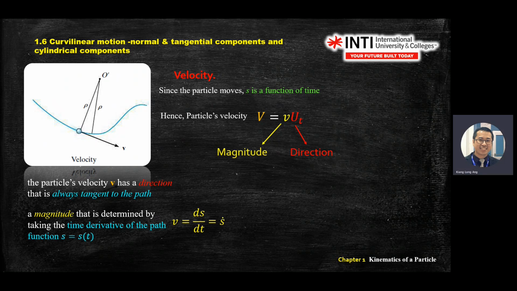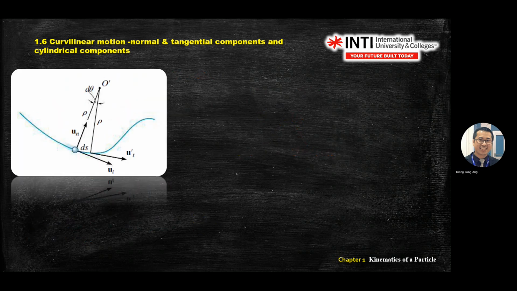So particle velocity in a curvature form, you need to write in this form. V equal to v ut. Okay, so start today onwards, for curvature motion, when you need to find for velocity, this is the first equation you write. V equal to v ut. Okay.